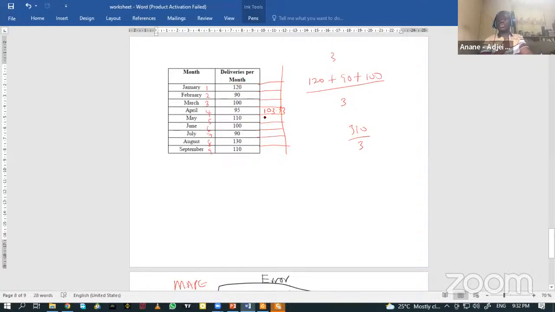To calculate the next one, you need these. So the next one will be 90 plus 100 plus 95 divided by 3. What is the answer?